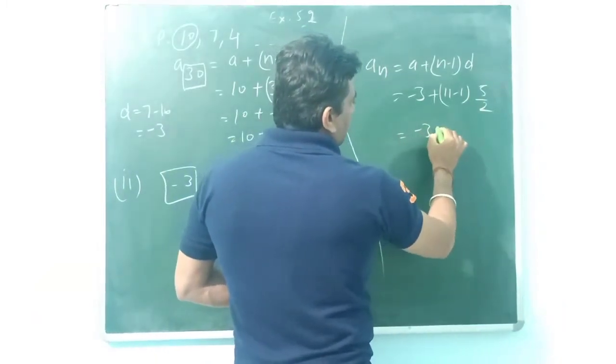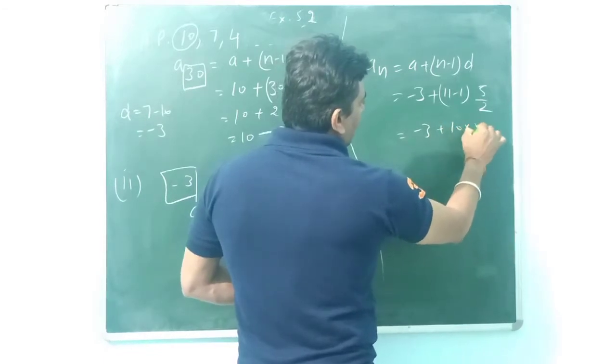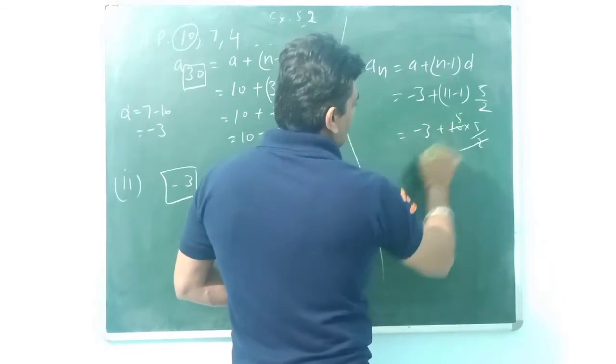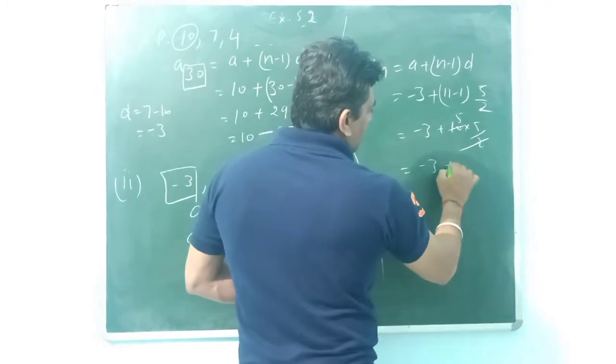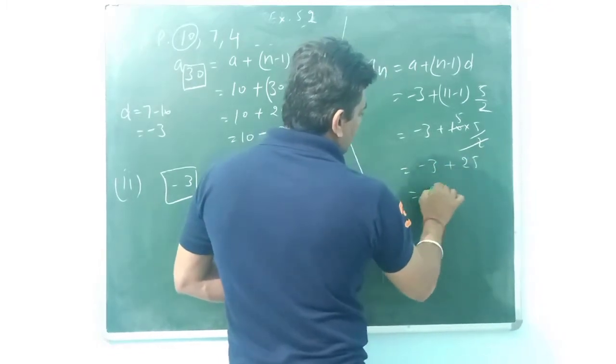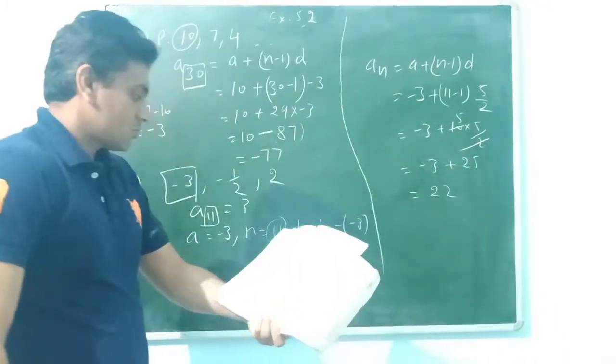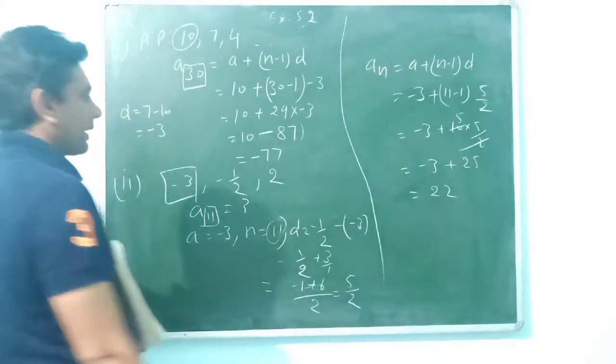Minus 3 plus 10 into 5 by 2, minus 3 plus 25. This becomes 22. So B is the correct option.